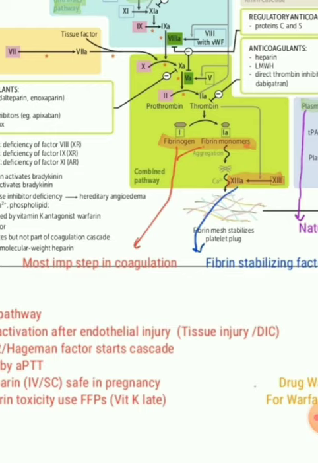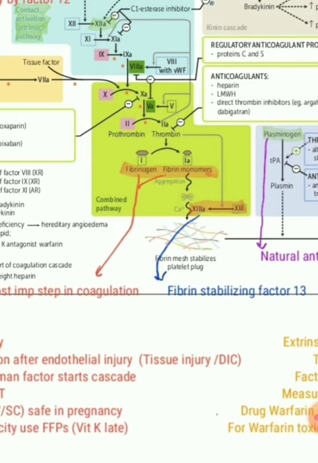Otherwise the first step is always the endothelial injury in hemostasis, but in coagulation, when specifically asked, the most important step is fibrinogen into fibrin monomers, and then those fibrin monomers are converted into a meshwork. Those meshworks are then stabilized, and the stabilization happens with the help of fibrin stabilizing factor, or factor 13. So there are different names for different coagulation factors.